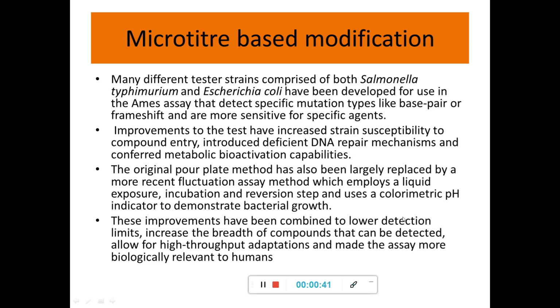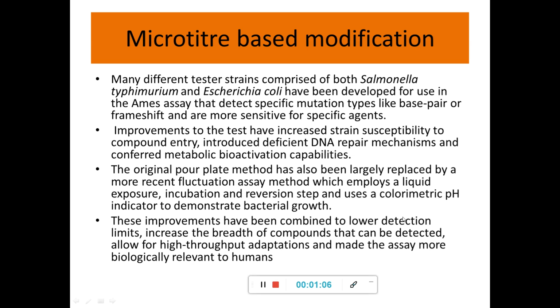And improvements have increased the strain susceptibility to the compound entry, introduced deficient DNA repair mechanisms, and also conferred metabolic bioactivation capabilities. Now, if you go to use the original pour plate method, what happens? It takes a lot of time and lots of media components.